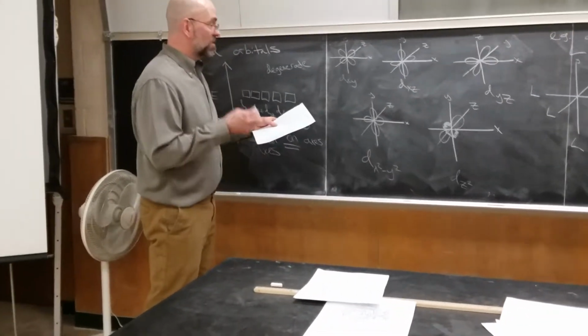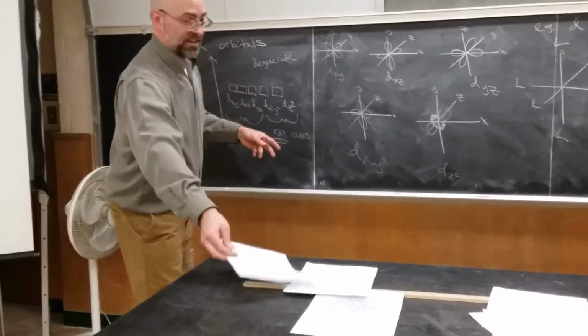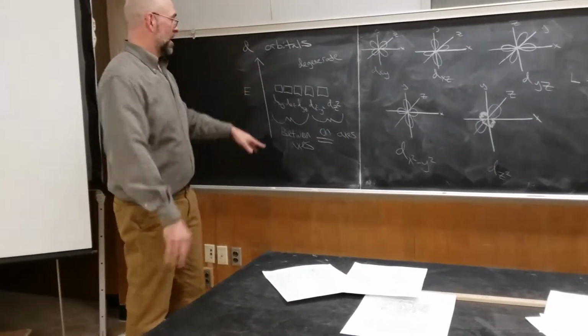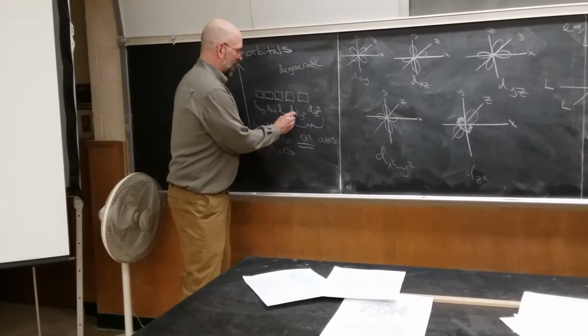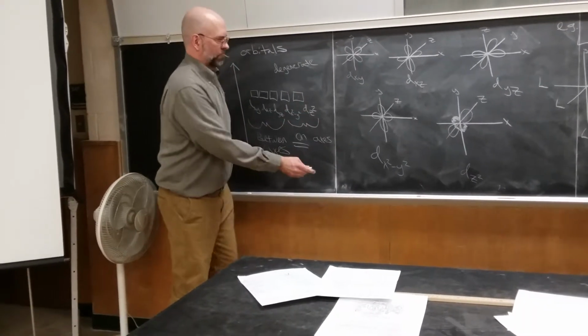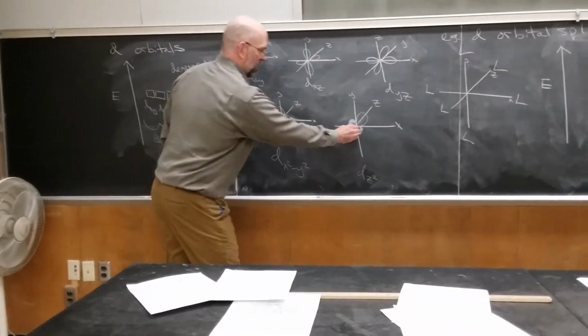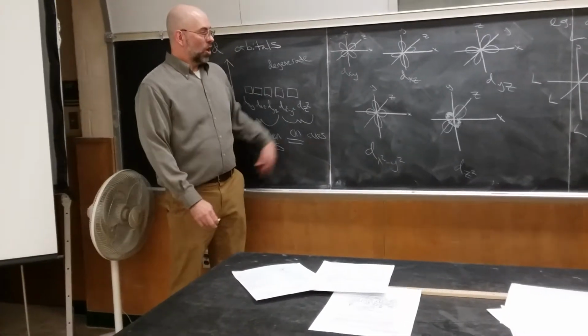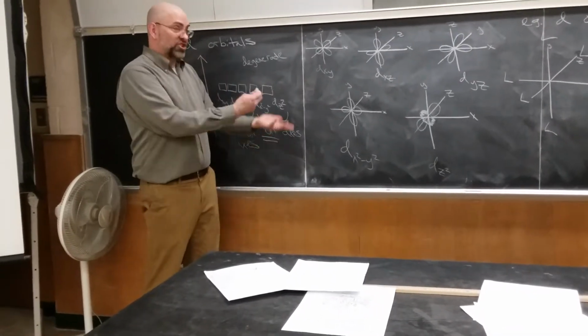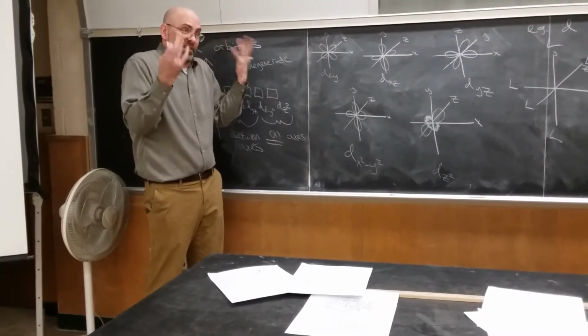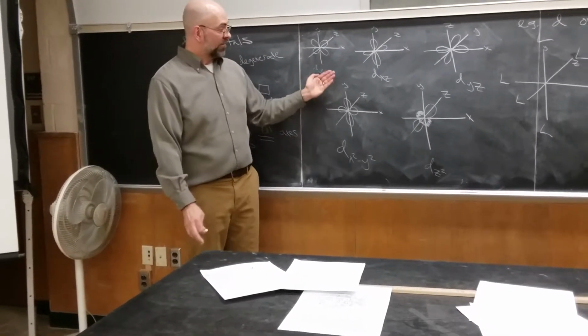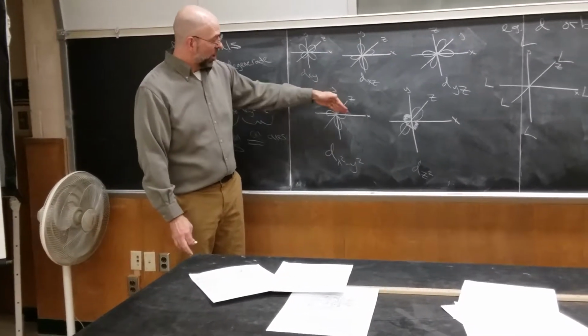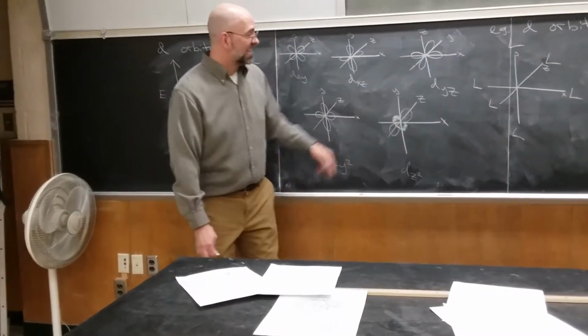So when you have the ones that are on the axis, I said look at my notes. I think I can do it without my notes now. So you've got this one and this one. Here and here. Where this electron density, remember that's what these shapes are, they're electrons. They're these clouds of negative charge. So you've got them on the y-axis, on the x-axis, and on the z-axis.